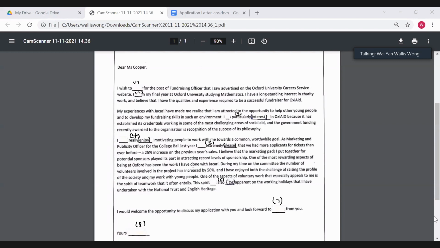I'll give you 10 seconds to turn on or fix your camera. 10, 9, 8, 7, 5, 4, 3, 2, 1.